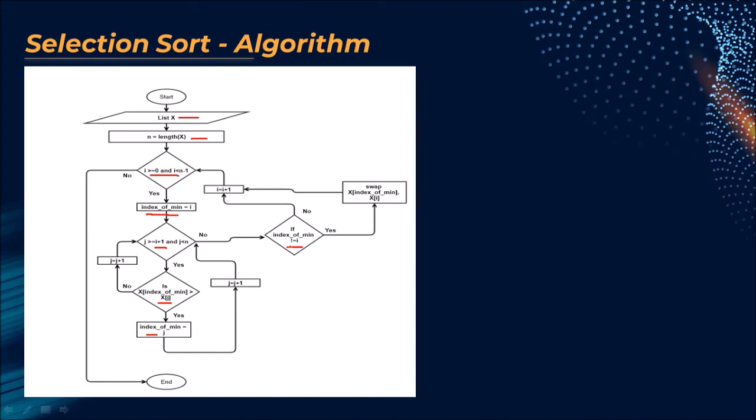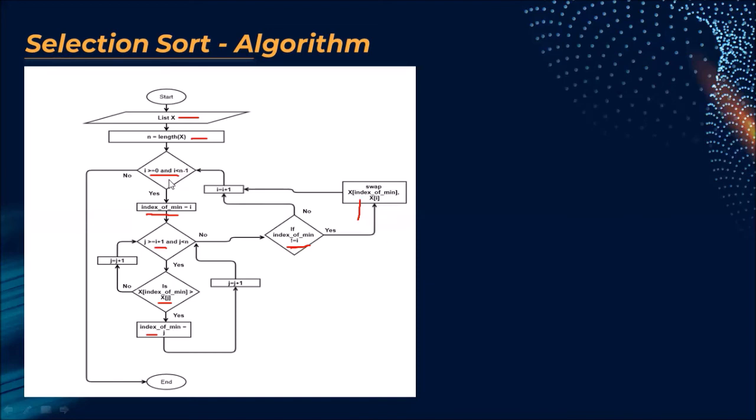If that is the case, then we make a swap. If it is not the case, we do not do a swap. This is a bit more optimization on the normal implementations of the selection sort algorithm that you would be seeing. So now it goes on till the entire sorted part is complete.